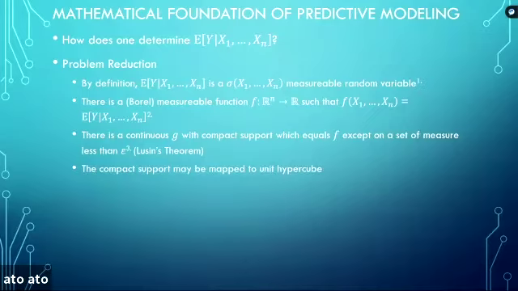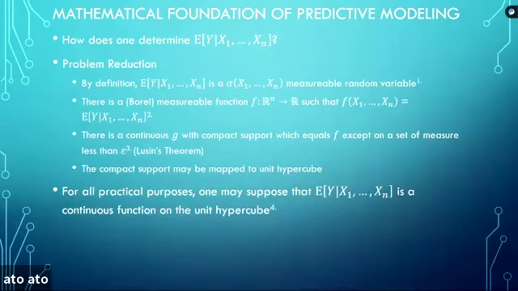And then you may as well imagine that continuous function is defined on the hypercube. By hypercube, I just mean the unit interval, the unit square, the unit cube, and then the unit hypercube in n-dimensional space.